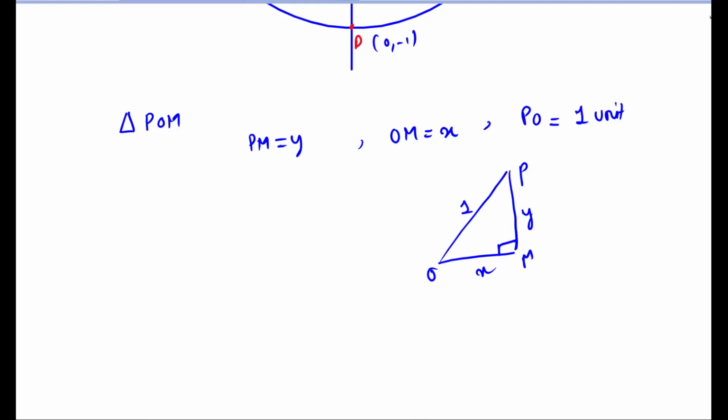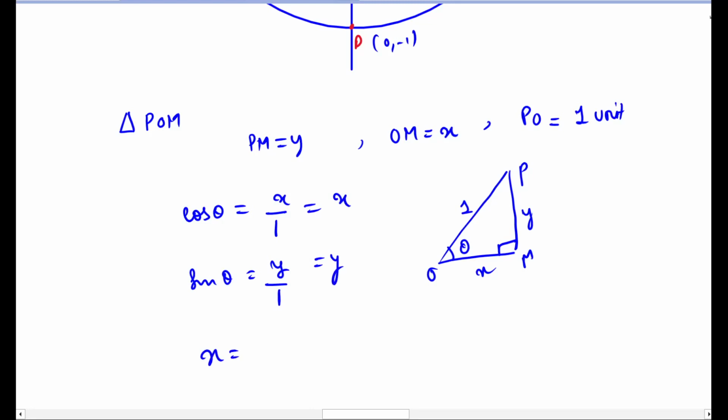So by trigonometric identity, this angle is theta, cos theta is x by 1, and sin theta is y by 1, which is equal to x and y. So we have x is equal to cos theta and y is equal to sine theta.